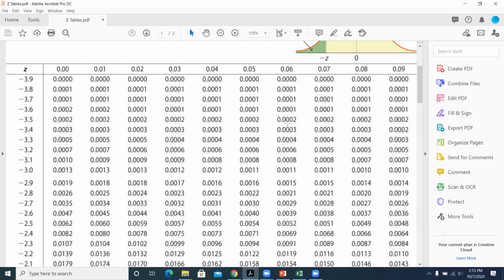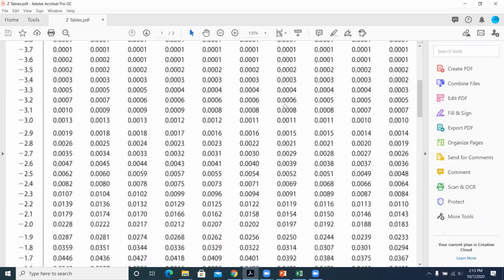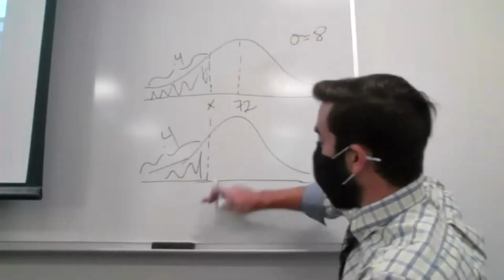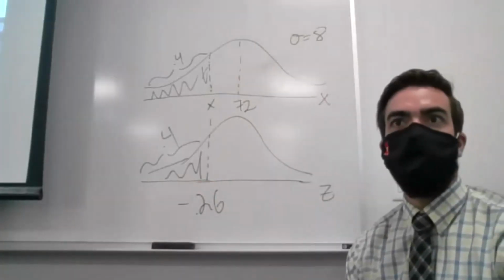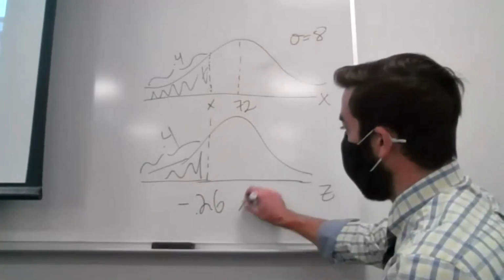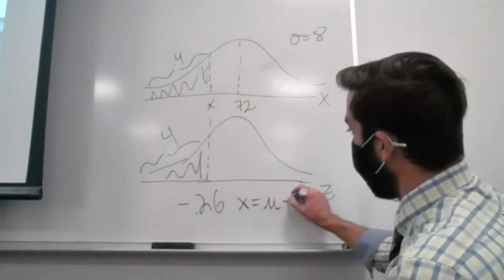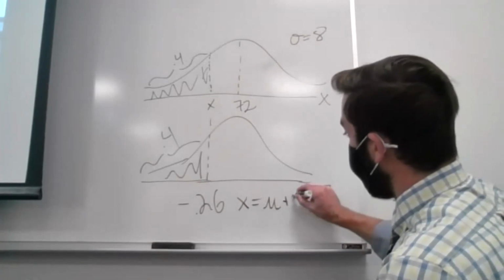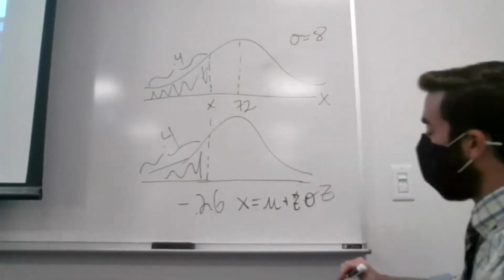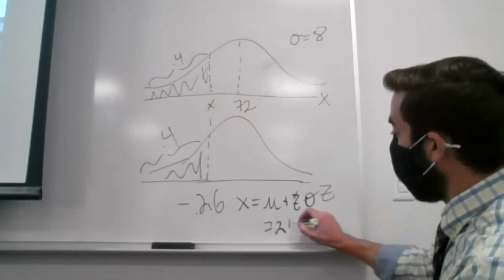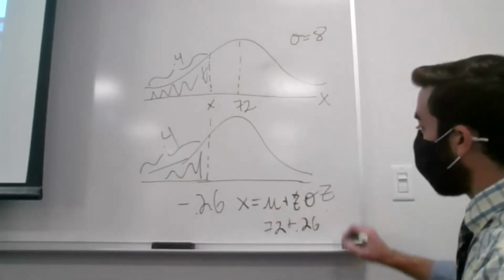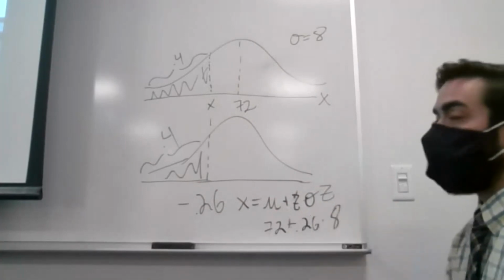So where do we leave off, right? We had negative 0.26 as that Z score. So we found this, and now it's just a matter of plugging values in. We have that inverse transformation formula, which I think the way I had it set up was Z times the standard deviation, plus the mean of 72. So that's negative 0.26, times that standard deviation of 8.